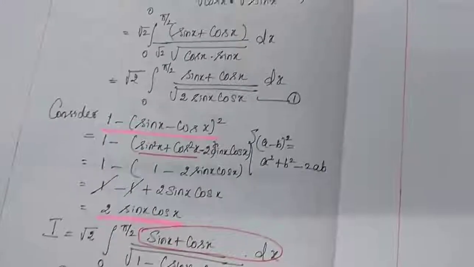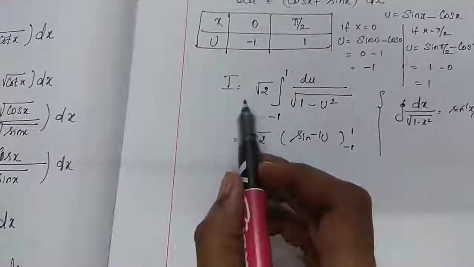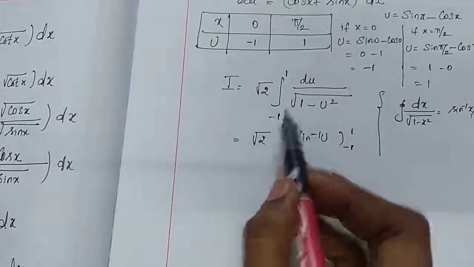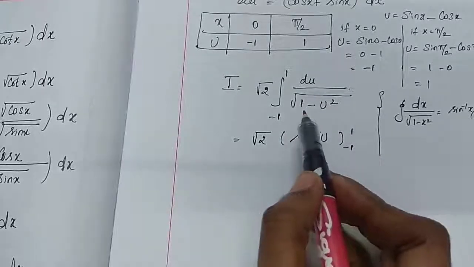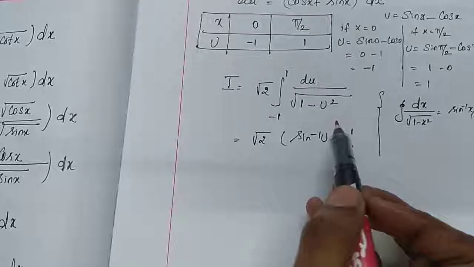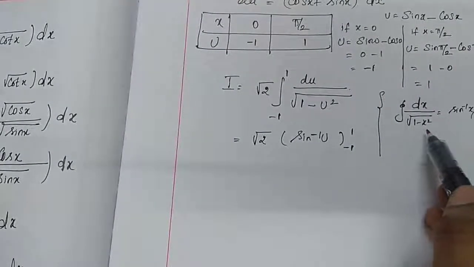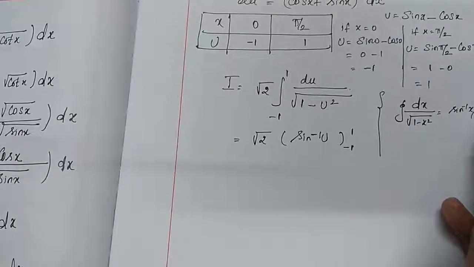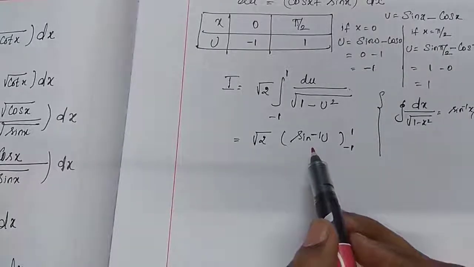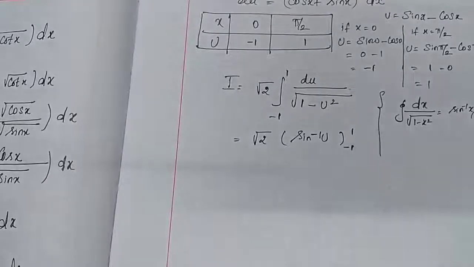Therefore our integral becomes I equal to root 2 times the integral from minus 1 to 1 of du by root of 1 minus u square. Applying the integral formula, dx by root of 1 minus x square equals sin inverse x by 1, so in this place we write sin inverse u, with the limit over minus 1 to 1.